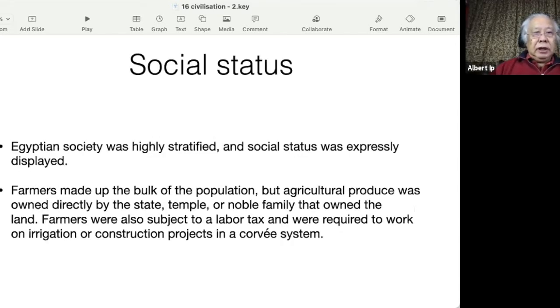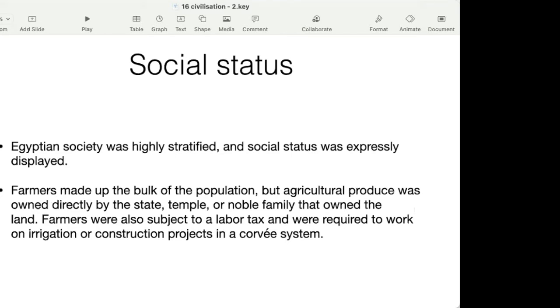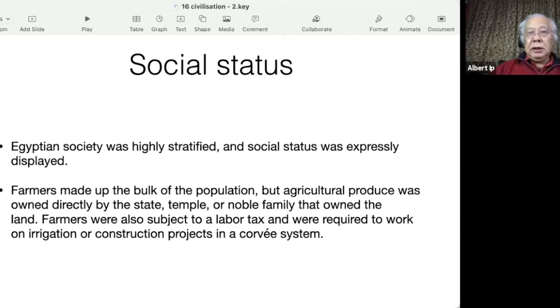Egyptian society is socially very stratified. The social status was expressly displayed by their different clothing. Farmers made up the bulk of the population, as usual in almost every early civilization.